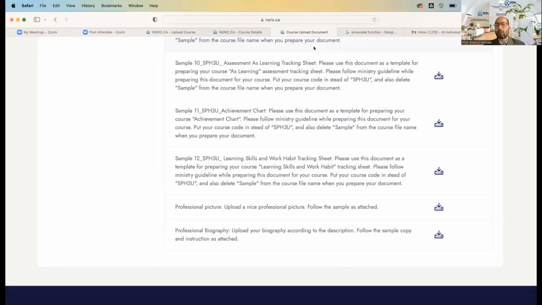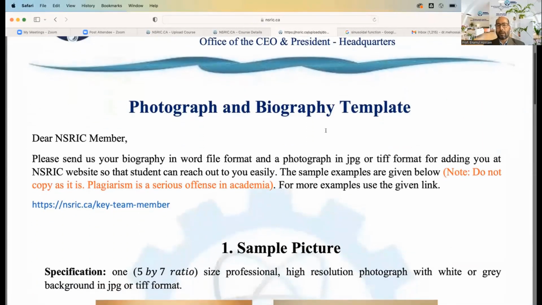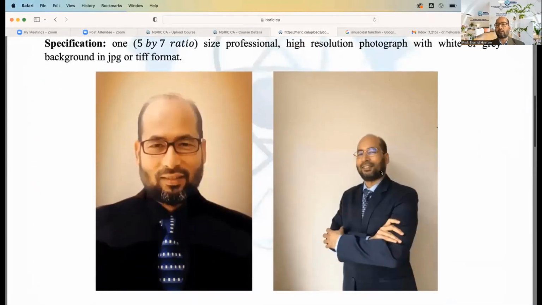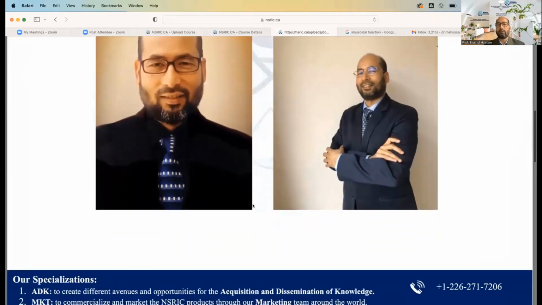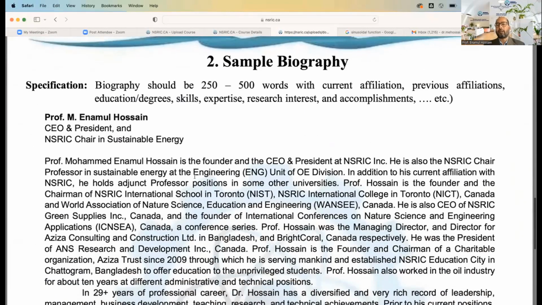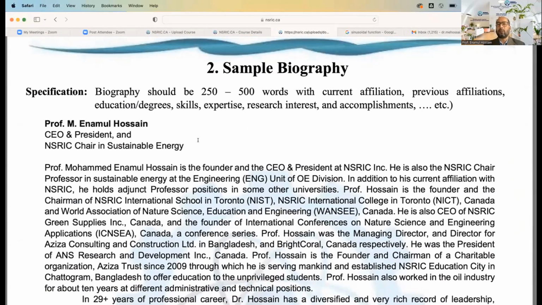And Mr. Shamsul Azam and our IT team are doing this continuously. So I would highly recommend downloading, let's say, this biography and template. Those are some of the professional pictures you can select for yourself. And then most importantly, the biography, so that we can place you in the appropriate place in the system.